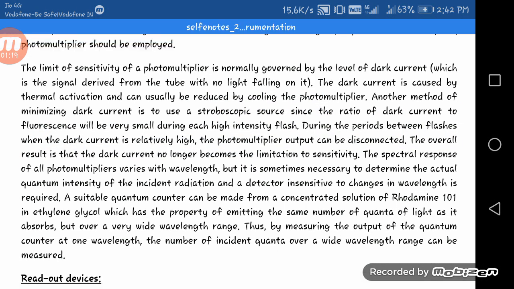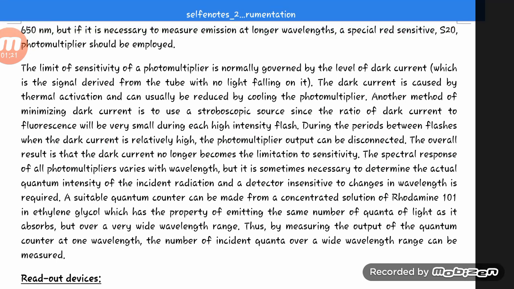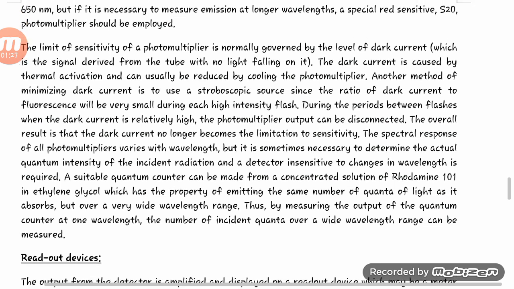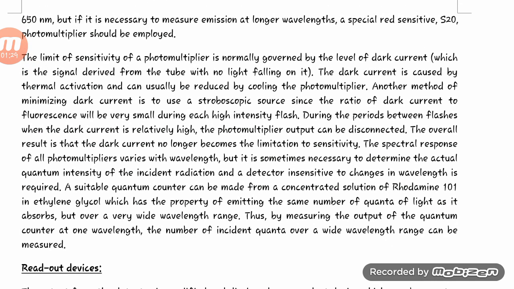The limit of sensitivity of a photomultiplier is normally governed by the level of dark current, which is the signal derived from the tube with no light falling on it. The dark current is caused by thermal activation and can usually be reduced by cooling the photomultiplier.